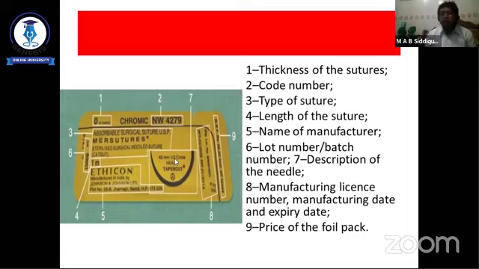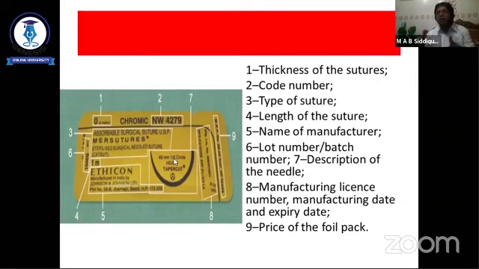So when you compare 10 with 20, the 20 has less diameter than the 10, but 1 or 2 is the larger diameter. Increasing the number of zeros means decreasing the diameter of the suture material.